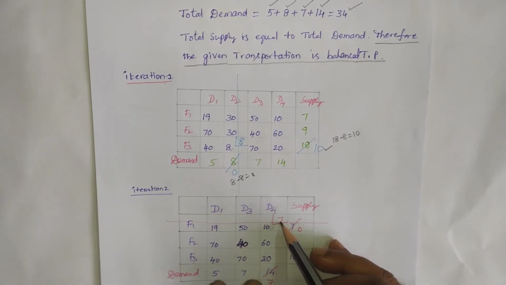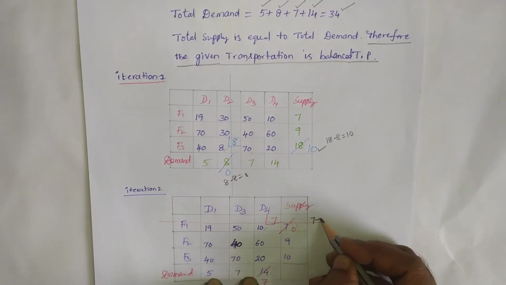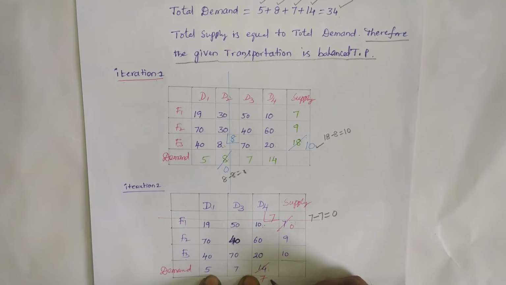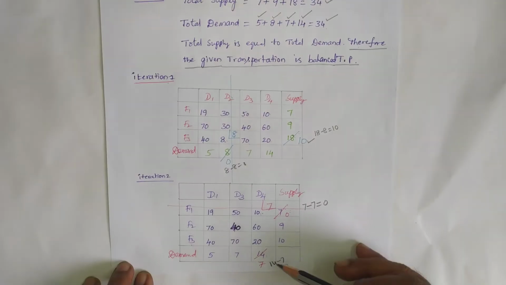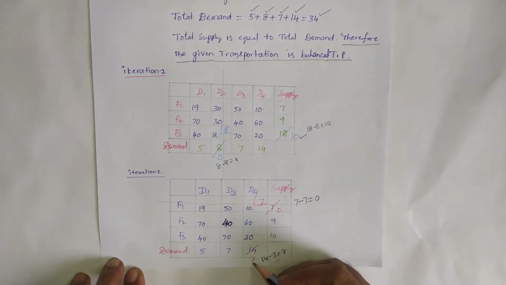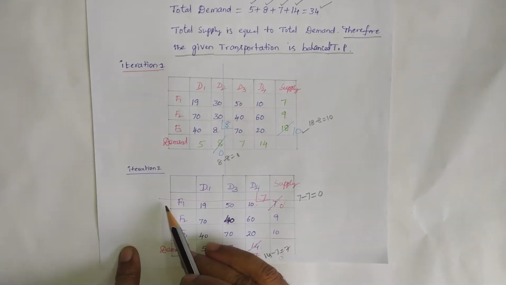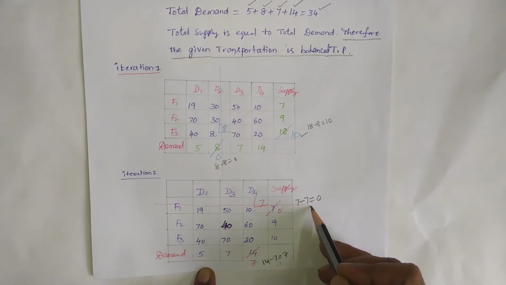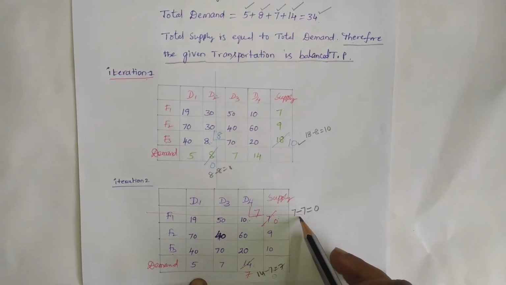After allocation of 7 units to the cell, supply is equal to 0 because 7 minus 7 is equal to 0, and demand is 7 because 14 minus 7 equals 7. The F1 row is deleted because it is satisfied or exhausted, so this row is deleted for the next iteration.